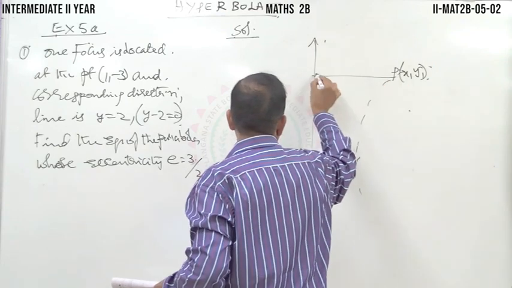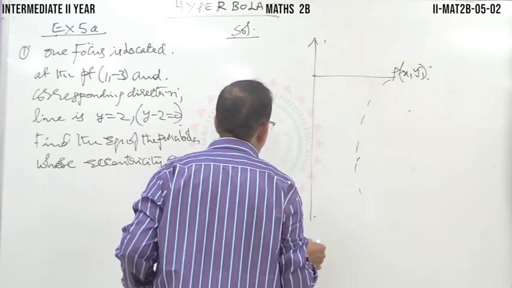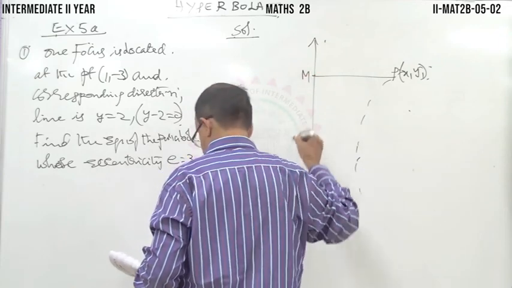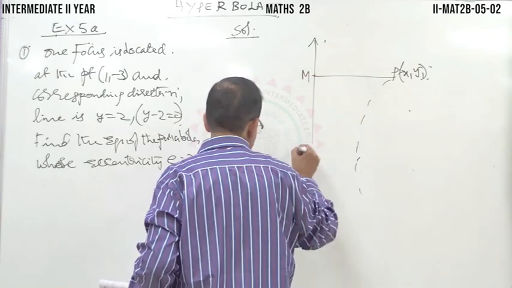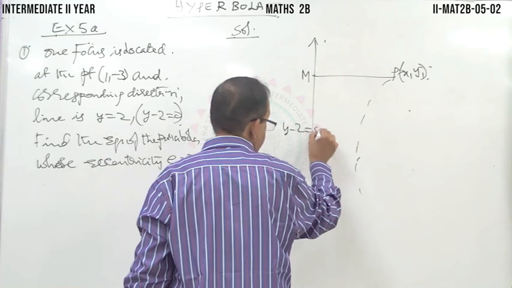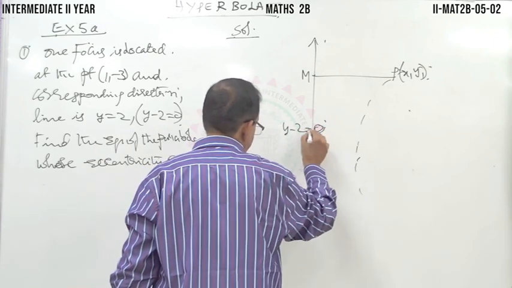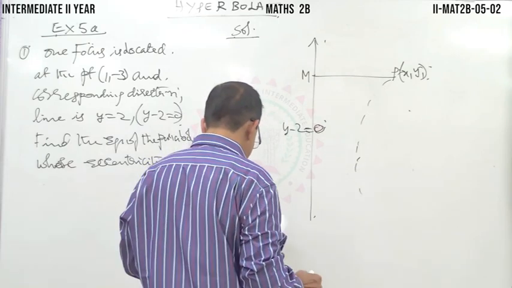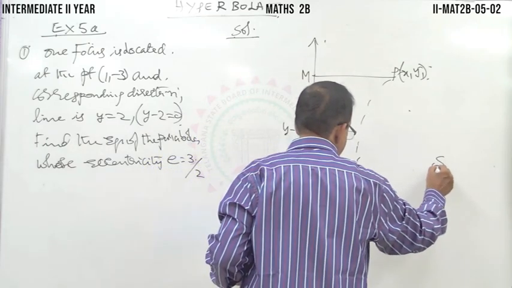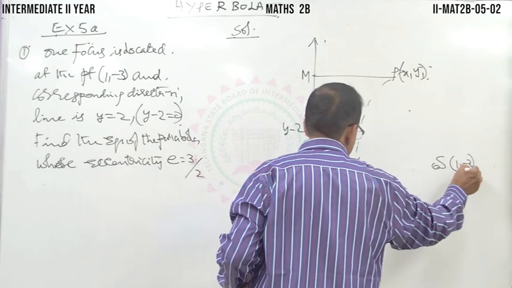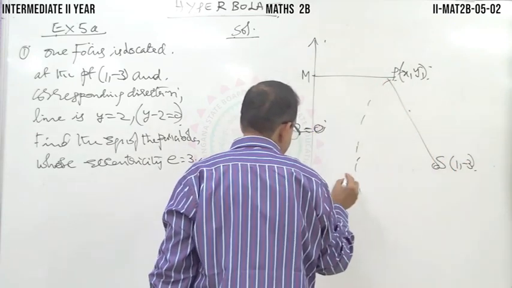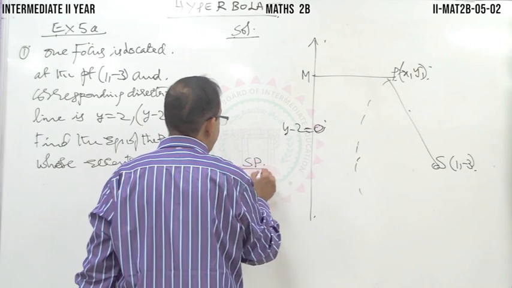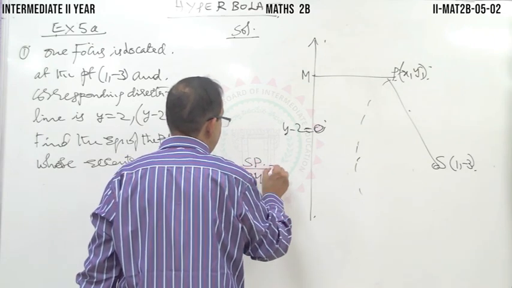From the fixed line and from the fixed point P, we have dropped a perpendicular PM. The equation of the line is y minus 2 equal to 0, as given to us. Now, the fixed point, the focus S, is 1 comma minus 3. So, as I told you in the beginning of today's class, SP by PM is equal to E.